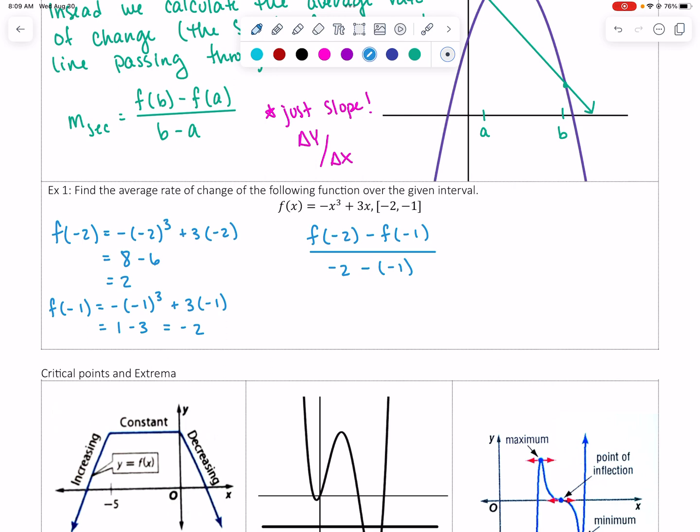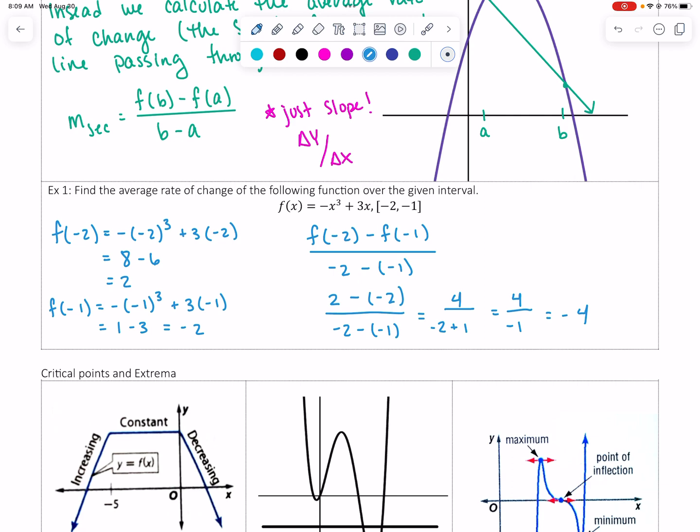So we have 2 minus -2 all over -2 minus -1, which is equal to 4 over -2 plus 1, which is equal to 4 over -1, which is -4.